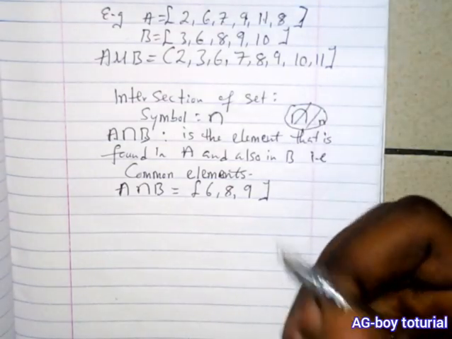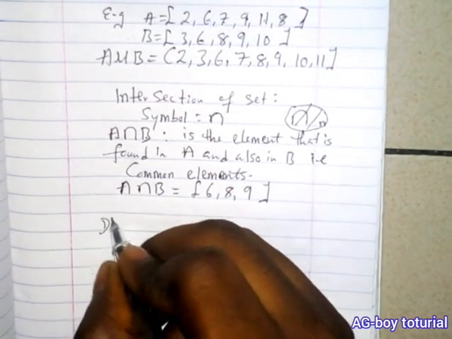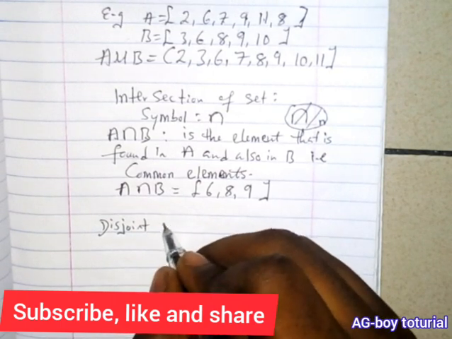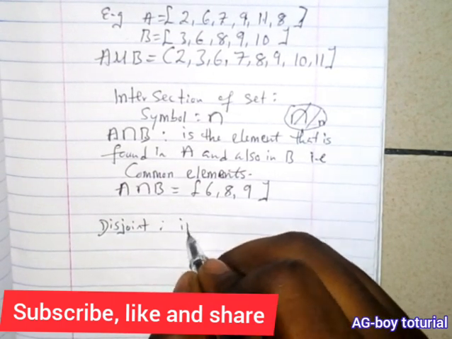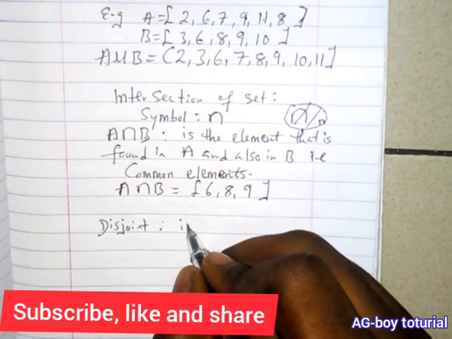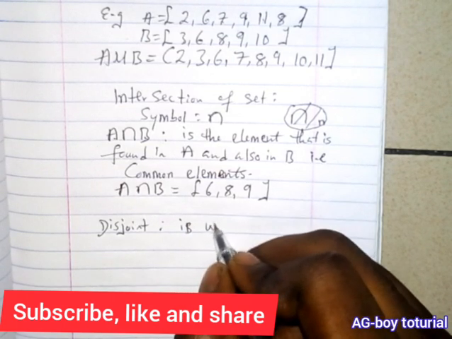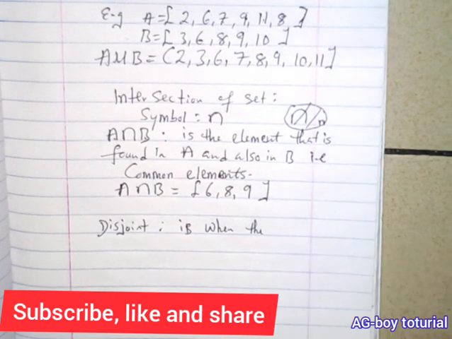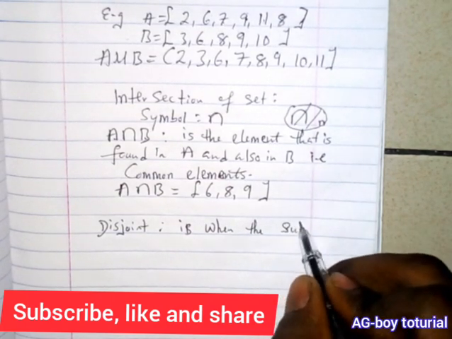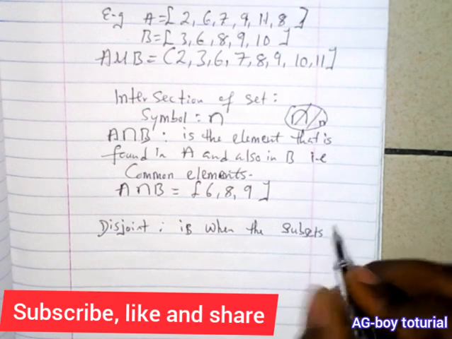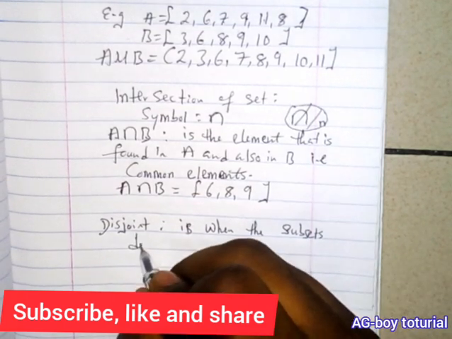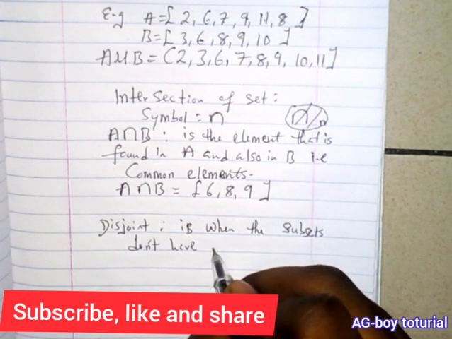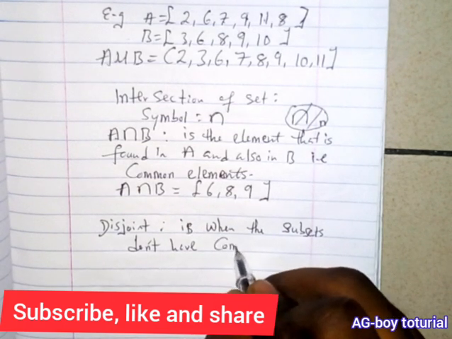So let's say a disjoint kind of set is when the subsets don't have common elements.